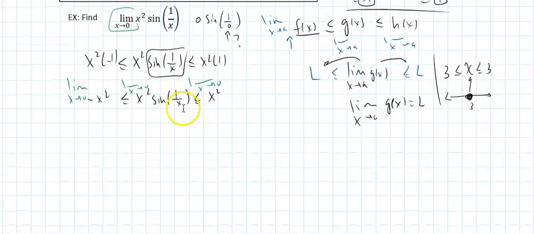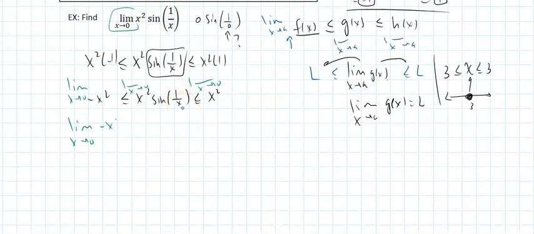And what I notice, this is the limit as x approaches 0 of negative x squared. This is the limit as x approaches 0 of x squared sine of 1 over x, which is something I don't know. And this is the limit as x approaches 0 of x squared. But if you substitute that in, isn't that 0?